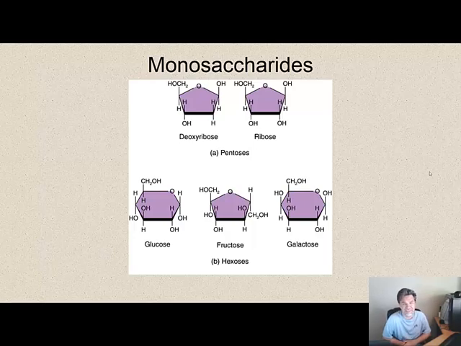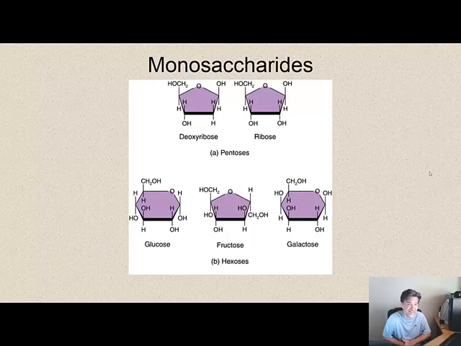That's not necessarily important, but the sugars known as ribose and deoxyribose that help to form our nucleic acids will be found here. And then we have our 6 carbon group, which has glucose, which we just mentioned, fructose, the sweetest of all carbohydrates, a 6-carbon sugar.